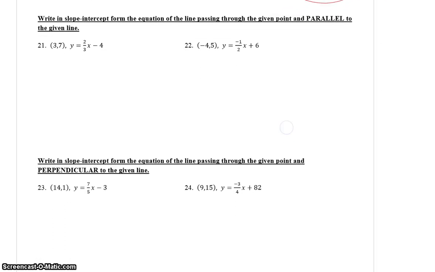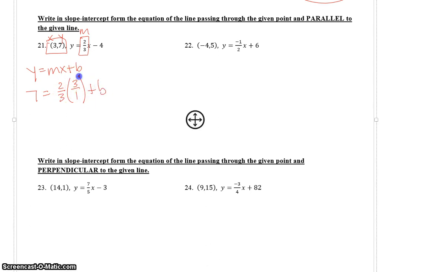Okay, write the equation parallel to this given line through this point. Okay, so they give us a point and they give us a slope. Just like above, this is my x, this is the y, this is the m. If we plug in y, m, and x, and plug it in as 3/1, we can find b. 2/3 times 3/1, these 3's cancel and you just have 2.